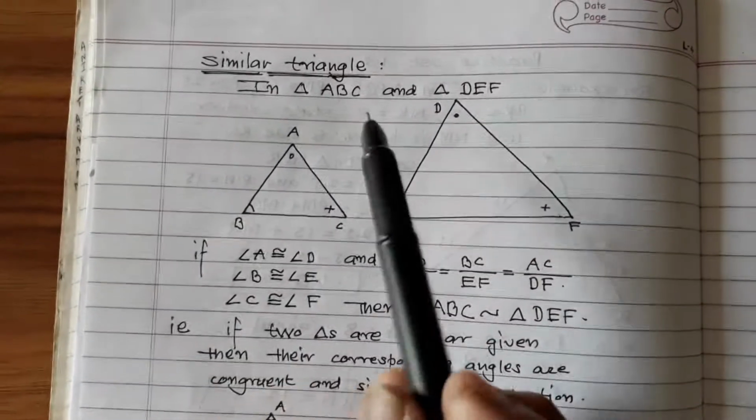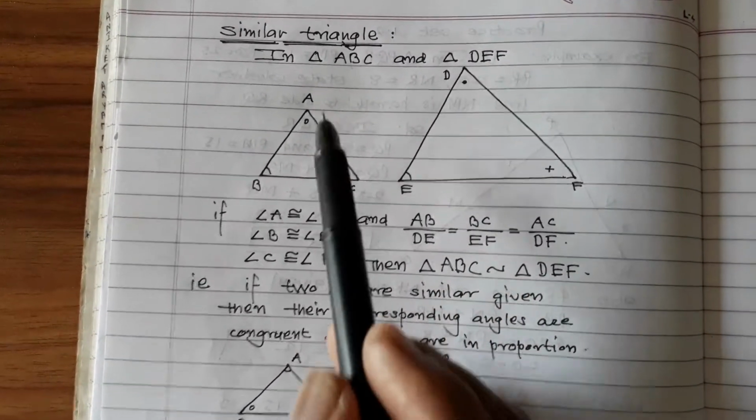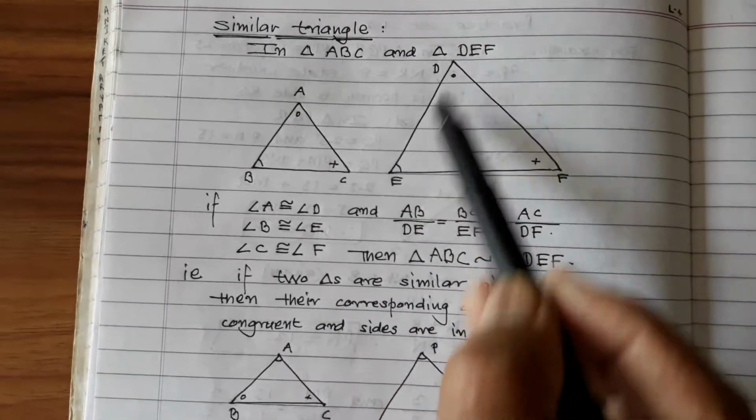Similar triangles. In triangle ABC and triangle DEF, this is triangle ABC and this is triangle DEF.